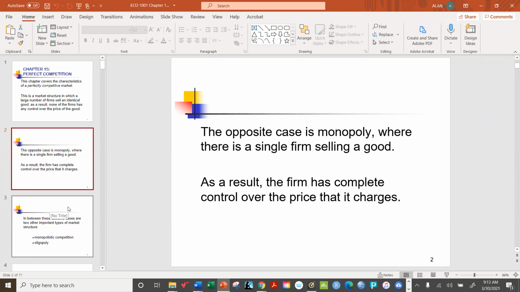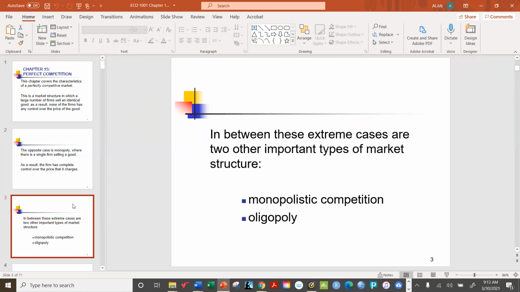In between, we typically put together these two separate categories, as I've mentioned. We have the monopolistic competition, which is essentially a mixture of monopoly and perfect competition. And then finally, we have oligopoly, which is more like a monopoly. It's almost like, imagine a monopoly, but there's only 2 or 3 companies who offer this product.